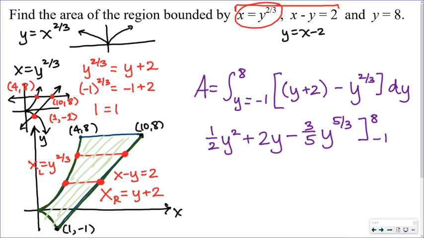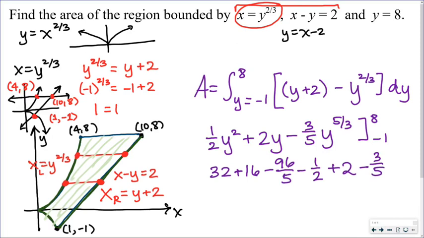And what are we going to get here? 64 divided by 2, 32 plus 16 minus, what is this going to be? 32, 96 over 5, and then we're going to have minus 1/2 plus 2 minus 3/5.